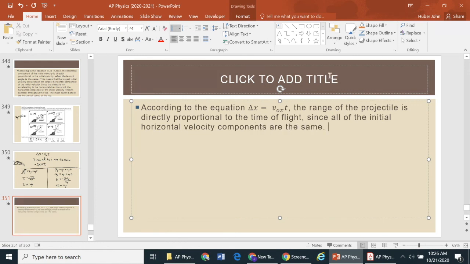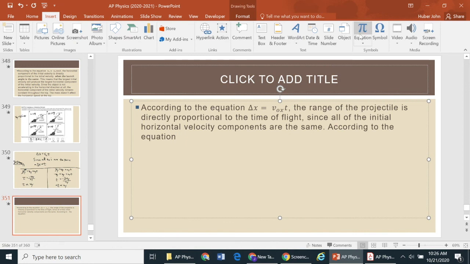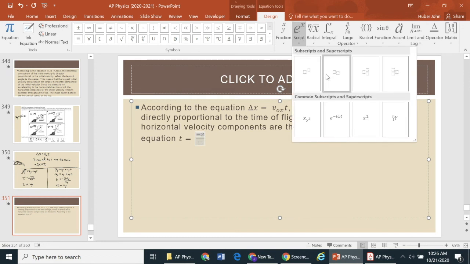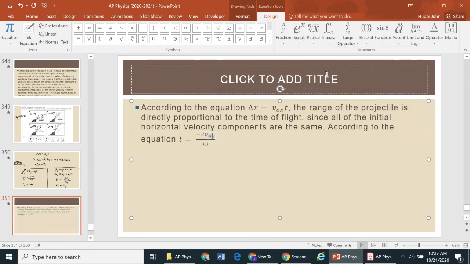Now, of course, we've got to talk about the times here, and we can say according to the equation, and I'm going to go ahead and use the total time version of this equation, and the only reason why I'm doing that is because the range requires you to use the total time in the calculation, and so I'm just going to talk about the total time.